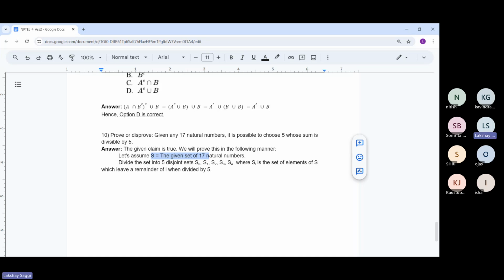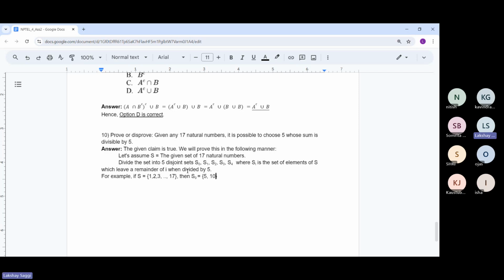For example, if the set was originally given to us as 1, 2, 3, 4 till 17, then what will be the set S0? S0 will be the numbers out of these 17 numbers which are divisible by 5.